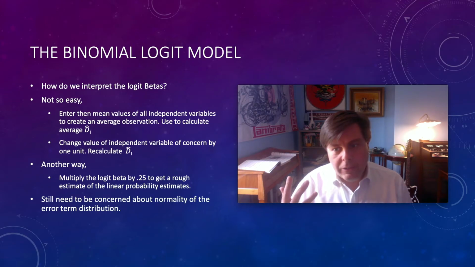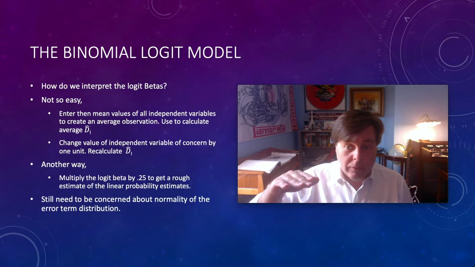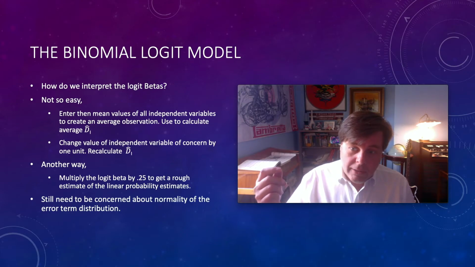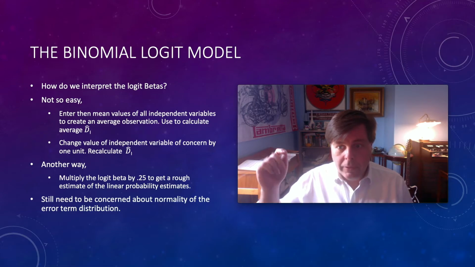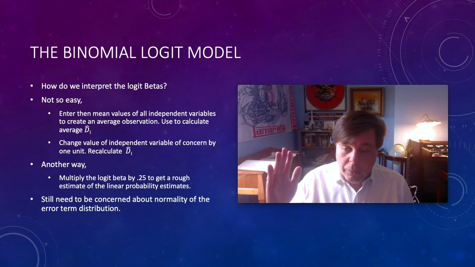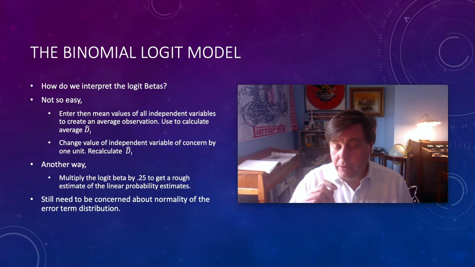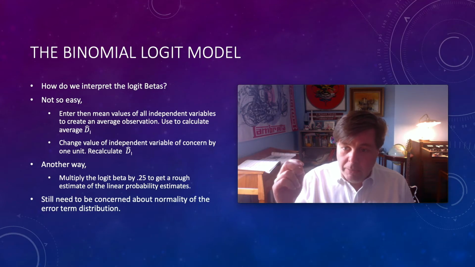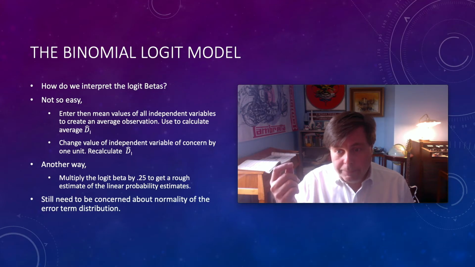Now it's tricky, because it's an average value of zeros and ones, so it's a little unusual. Then we can take that D, change whichever independent variable we're interested in knowing the specific relationship with, and change that independent variable's value by 1.